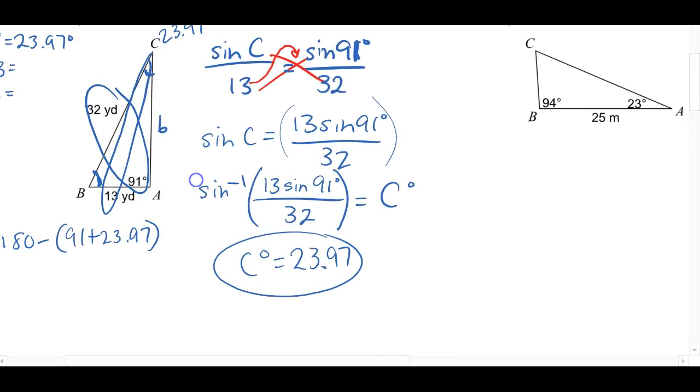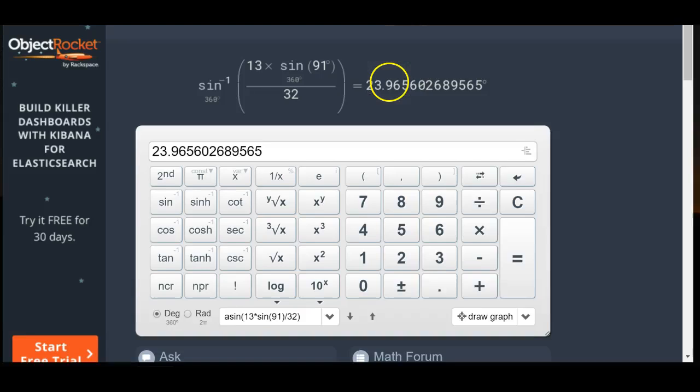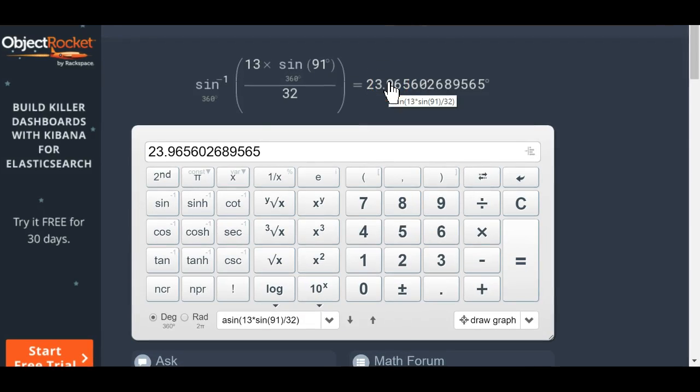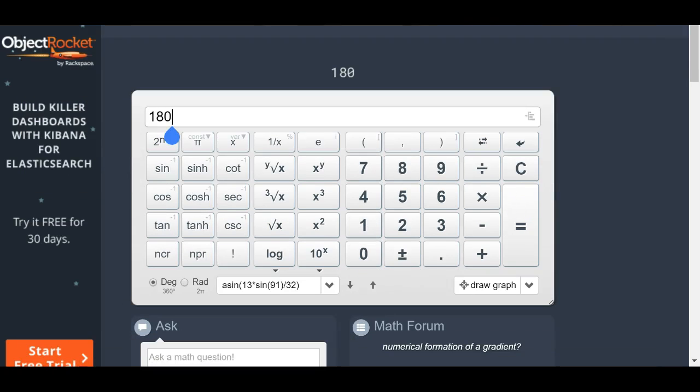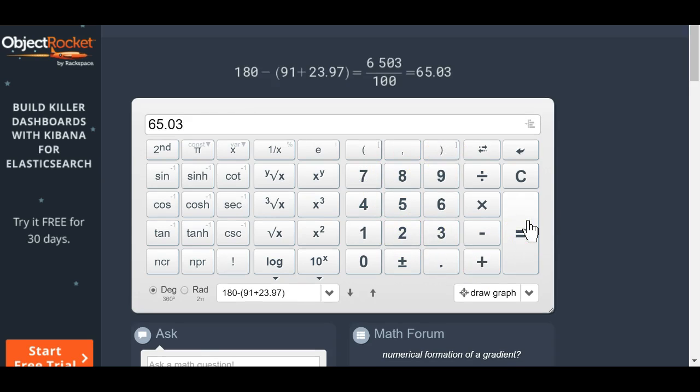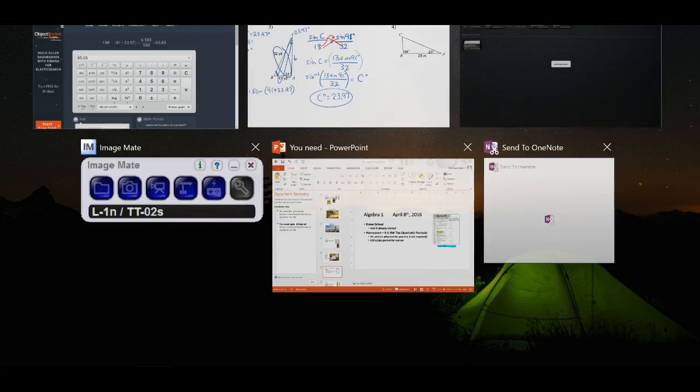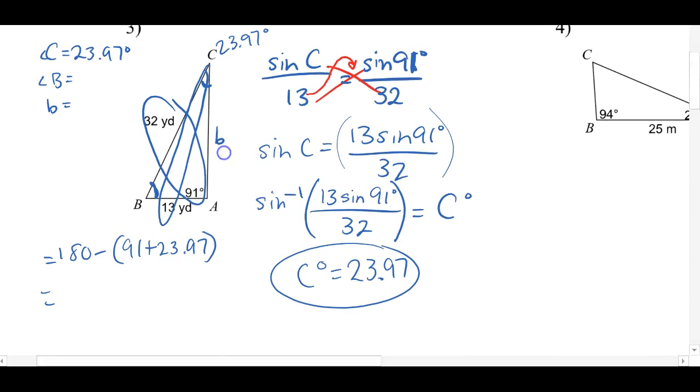Okay, so let's just add that up real quick. Okay, so now let's do 180 minus C's 91 plus 23.97 equals 65.03. Okay, so there's our angle B.